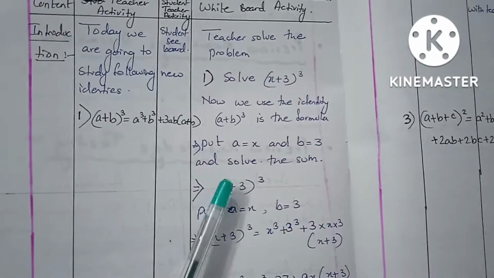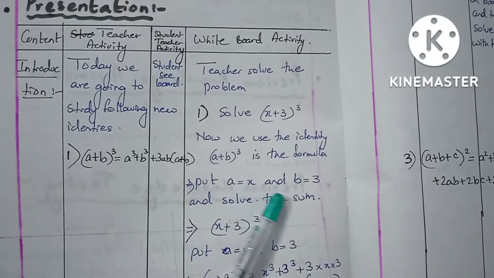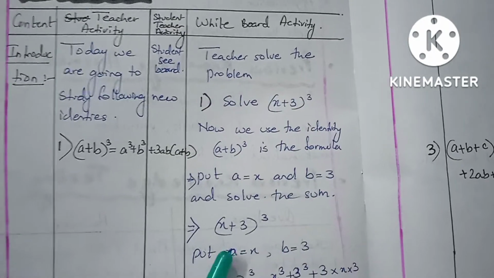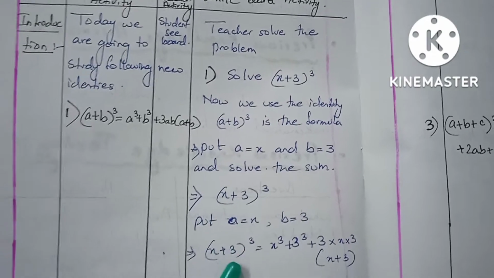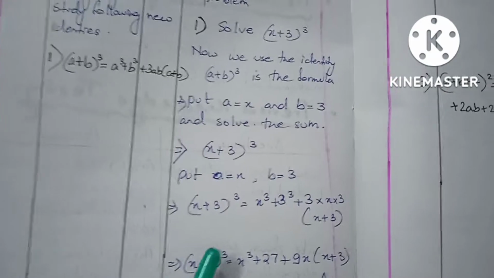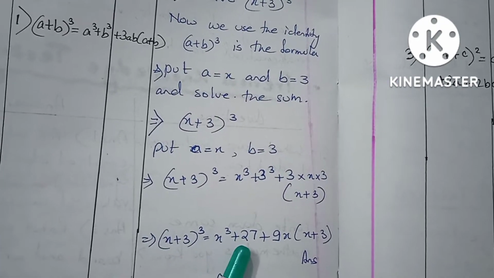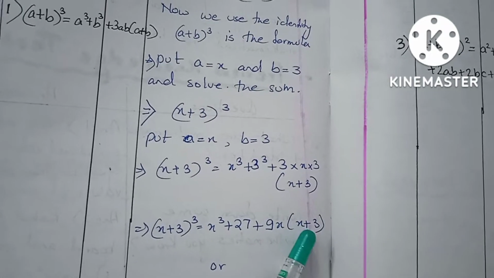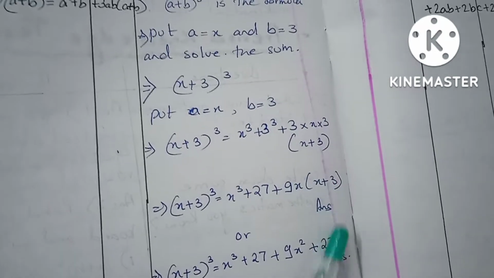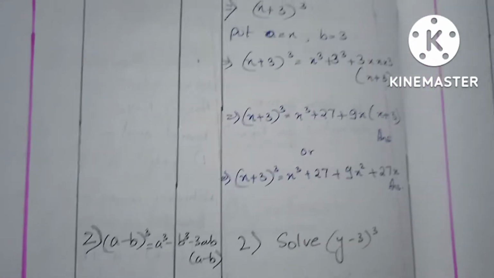She tells students that in place of a we are going to put x, and in place of b we are going to place 3 in the identity and solve the sum. On putting it, we get the following solution. (x plus 3) cube is x cube plus 27 plus 9x bracket (x plus 3). You can also open this bracket and give the final answer. So this is how the sum was solved.